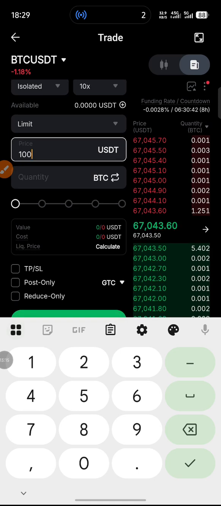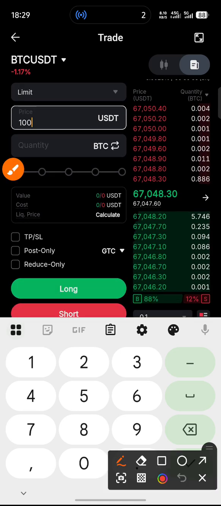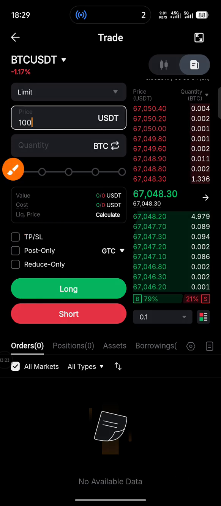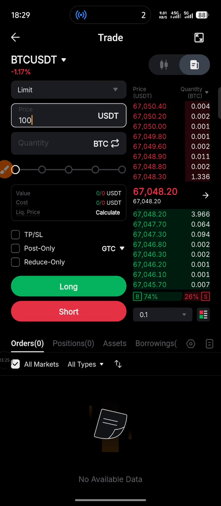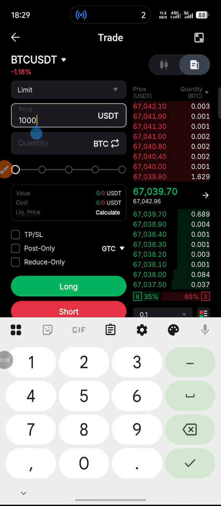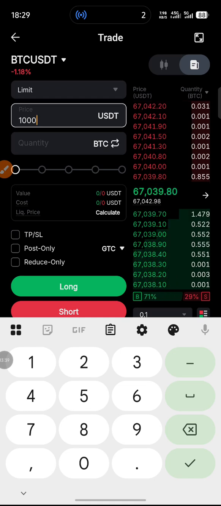If I input 100 USD here, I'm going to come down here to set my take profit and stop loss. Always important, always set it. Then below here, I'll be getting the quantity of the particular cryptocurrency coin, BTC, I'm buying. If I'm using 1000, it will also show me based on my leverage.